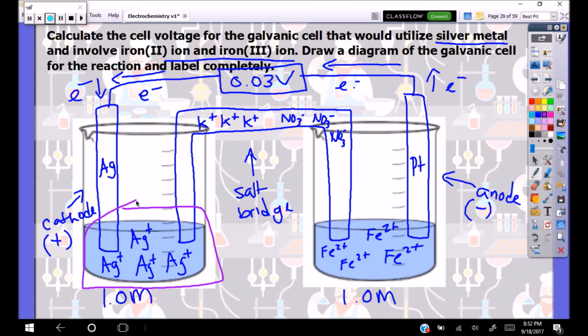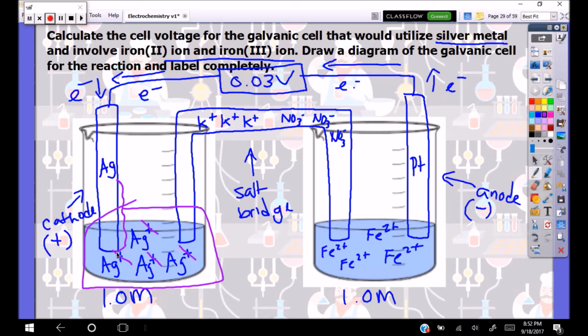These things are getting neutralized. As we throw more electrons in, these charges are going away, and we're being left with silver metal. That silver metal will plate out onto the cathode, and this will start to get larger as more silver plates out onto it.